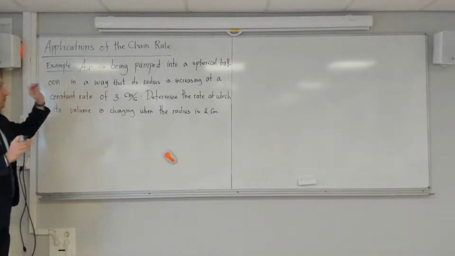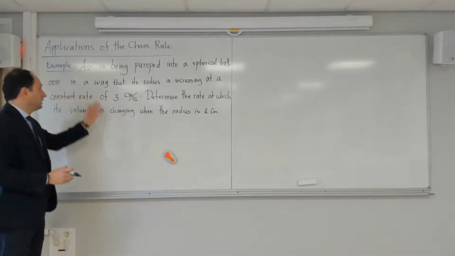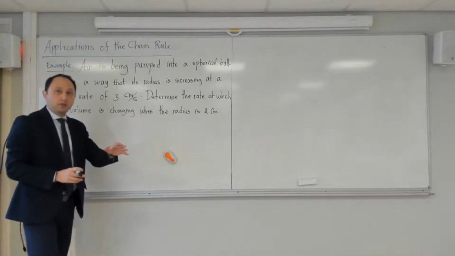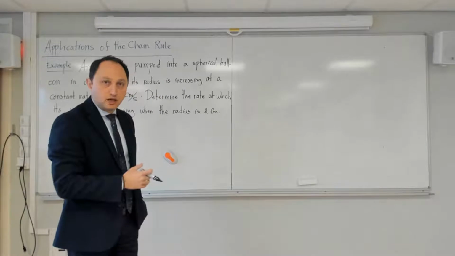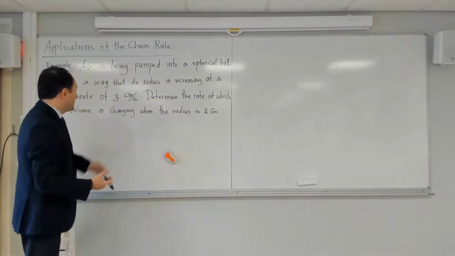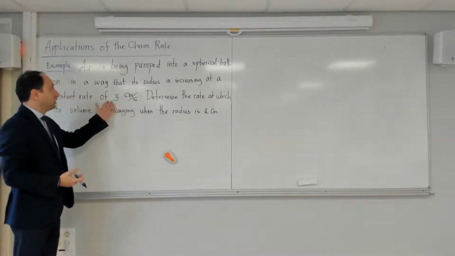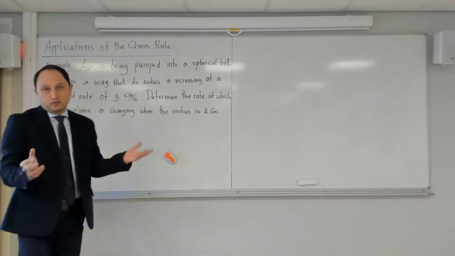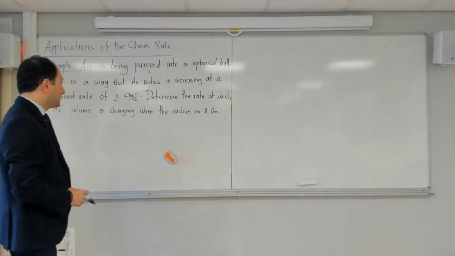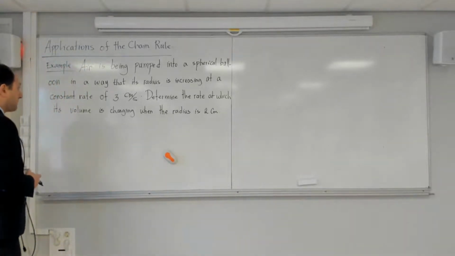So we are pumping air into a spherical balloon. It is clear that when I'm pumping air into it, the radius of the balloon is changing over time. As a consequence, the volume of the balloon is also increasing by some particular rate, which we don't know yet. We're supposed to determine it.